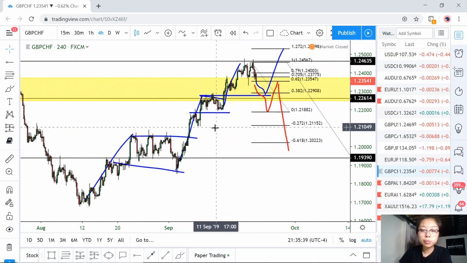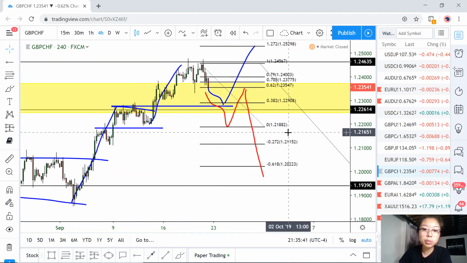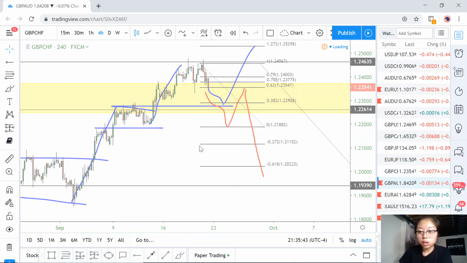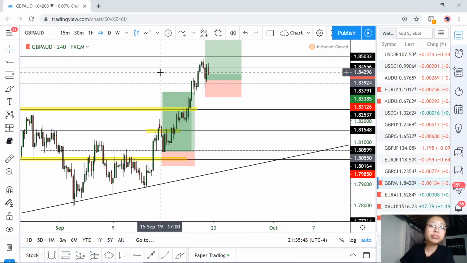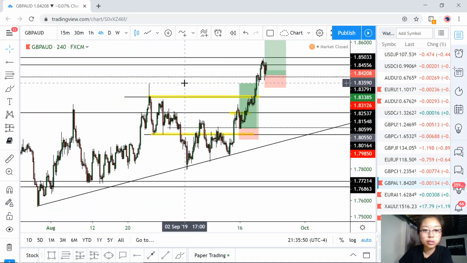Never know until the market opens and gives you more structure.